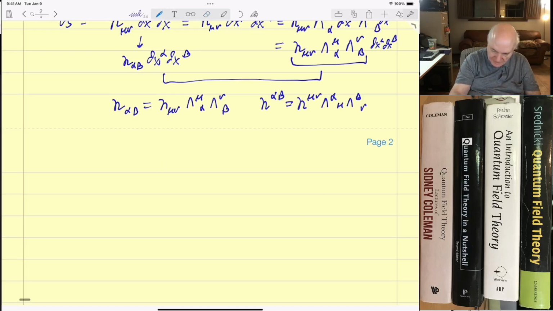But notice I'm going to rewrite this in a funny way. I'm going to write η_αβ. When you do index notation, order doesn't matter.